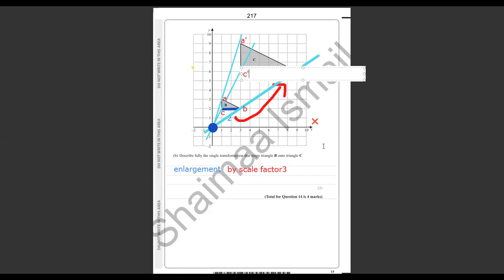Now if you join A dash, B dash, C dash, you have a joining point which is around the origin.